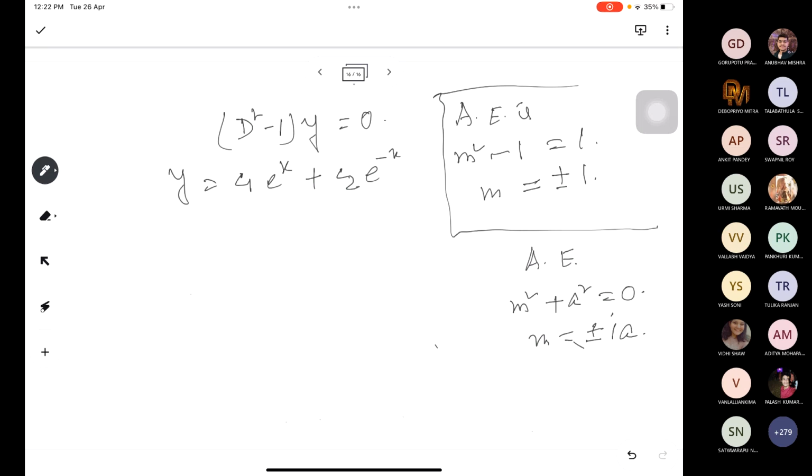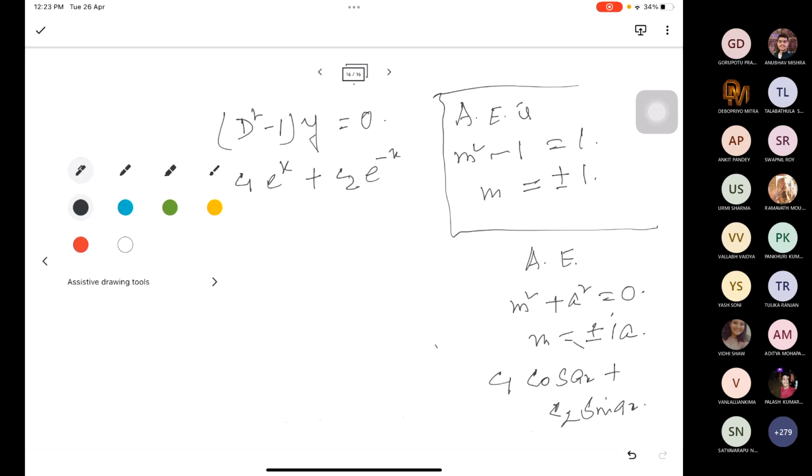So that is why we had the solution in the form C1 cos ax plus C2 sin ax. It depends on the value of m. If the 2 roots are equal, then what will be the solution? C1 plus C2 x into e to the power mx. So this is the concept.